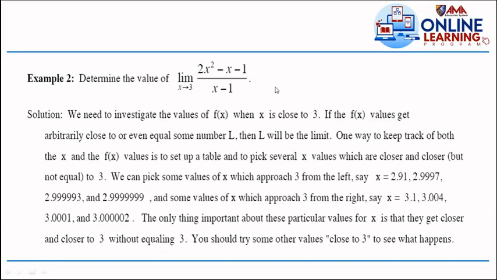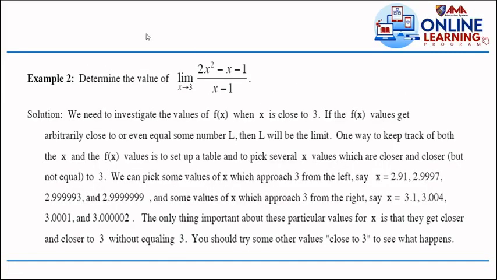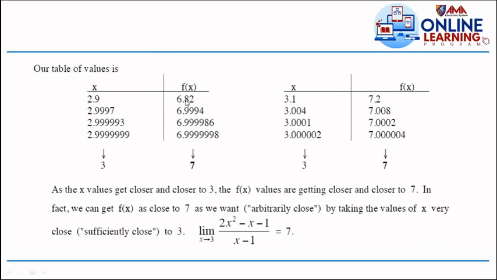So 14 divided by 2, the answer is 7. So yun po siya. Pero doon sa table natin, if our x is equal to 2.9, 2.9 squared multiplied by 2 minus 2.9 minus 1 divided by 2.9 minus 1, the answer is 6.82.